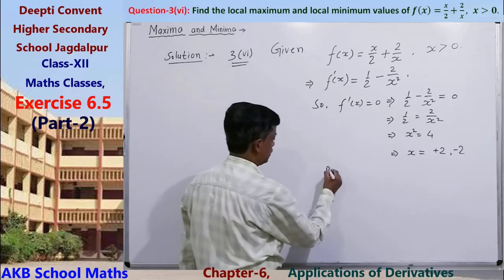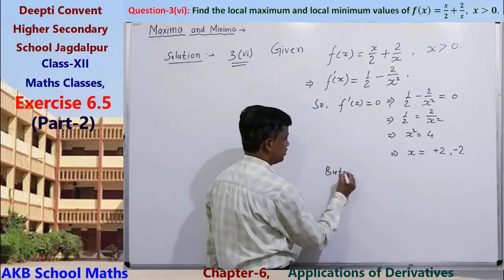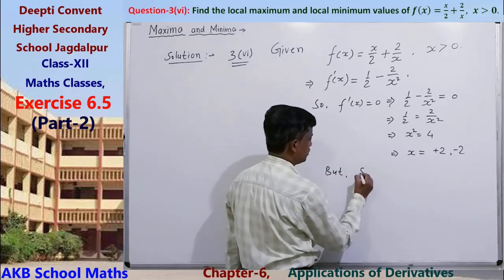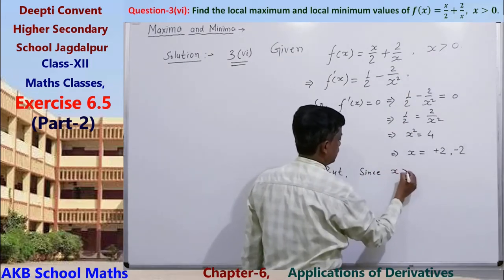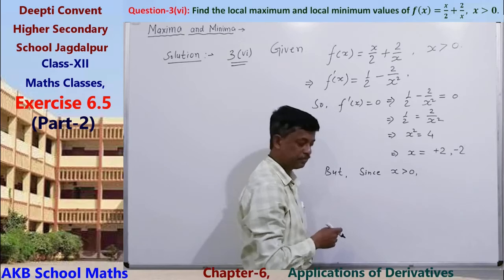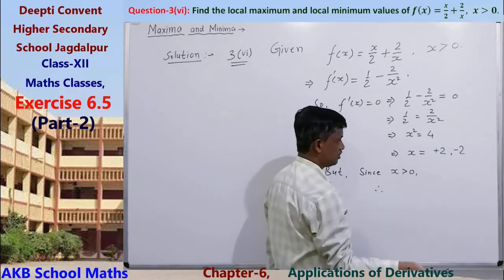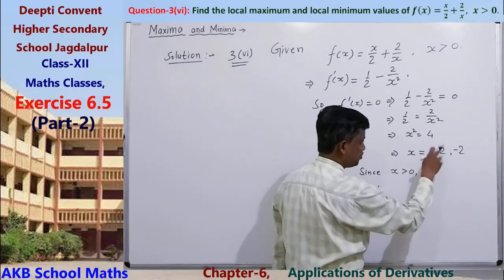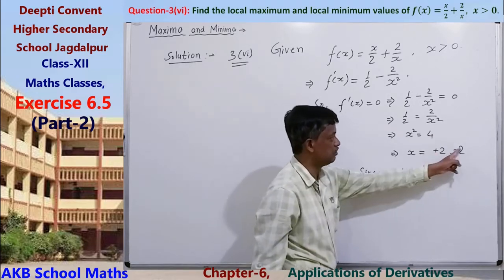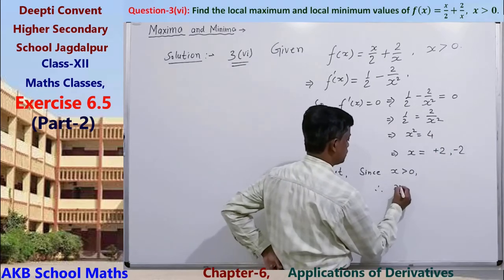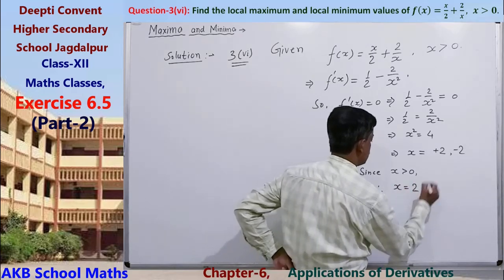But since x is greater than 0, that is positive, we take x equals plus 2.